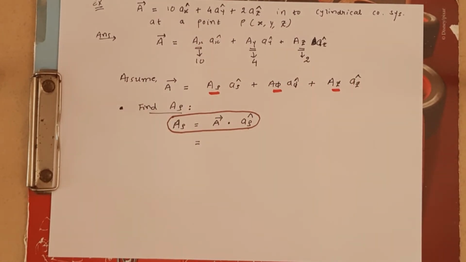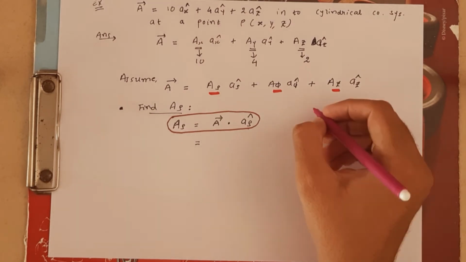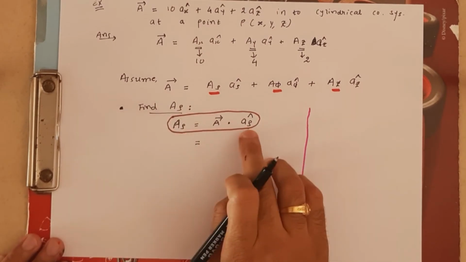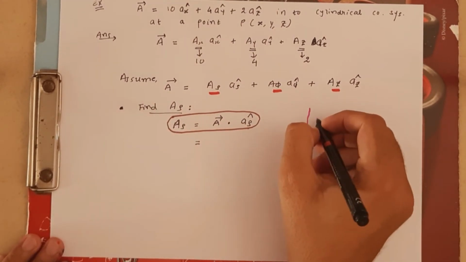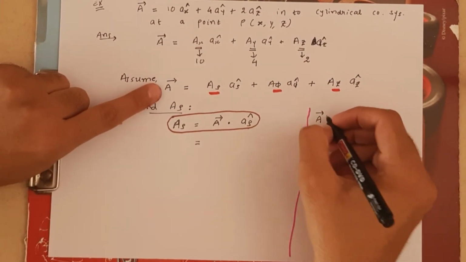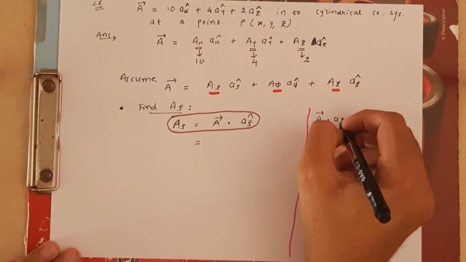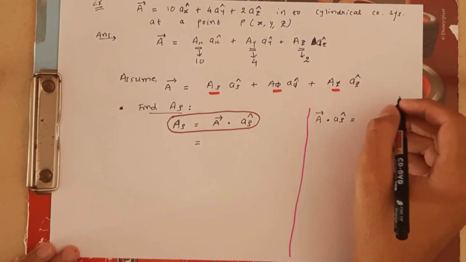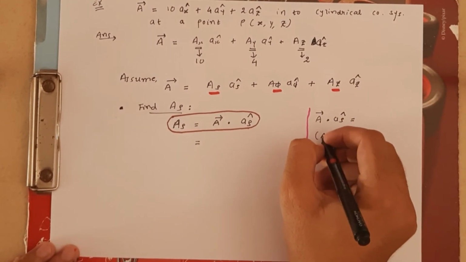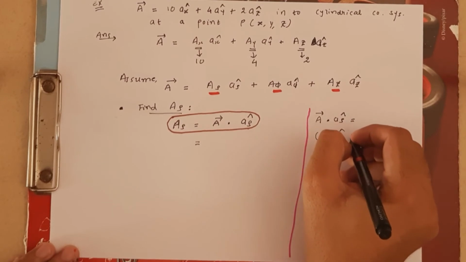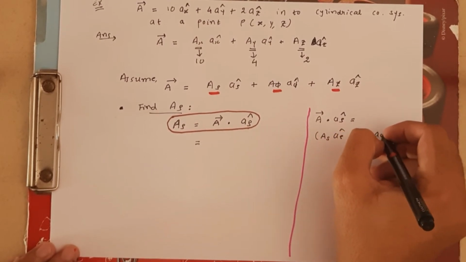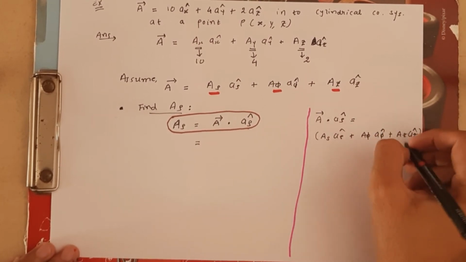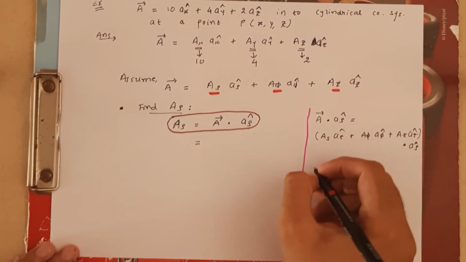Okay, see here, I will explain so we get a clear idea about what I have to do. I just do the dot product with a rho on the right hand side and the left hand side. So vector A dot a rho is equal to this whole vector dotted with a rho: A rho a rho plus A phi a phi plus Az az, dotted with a rho.